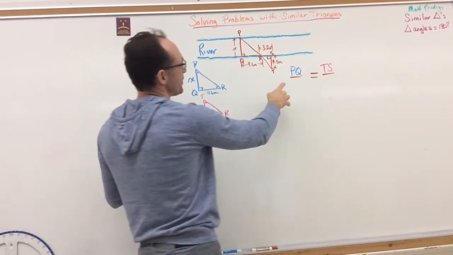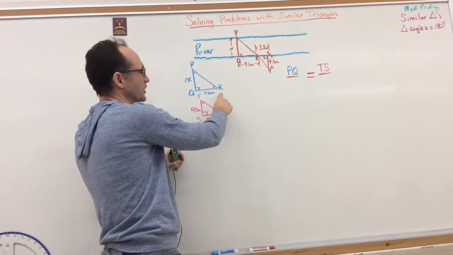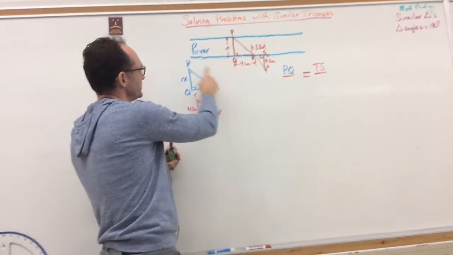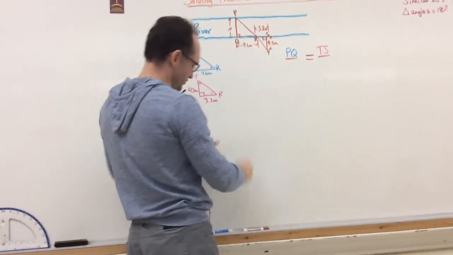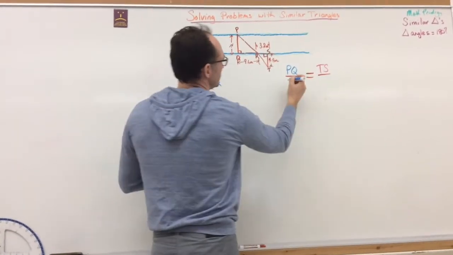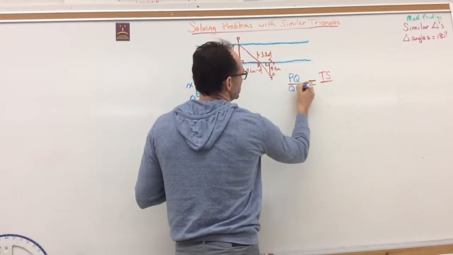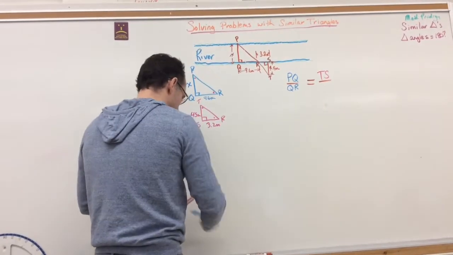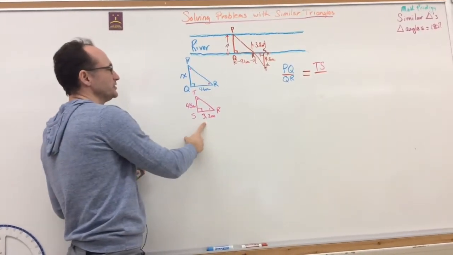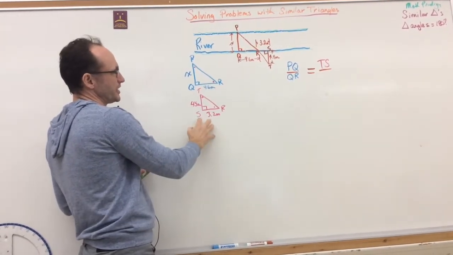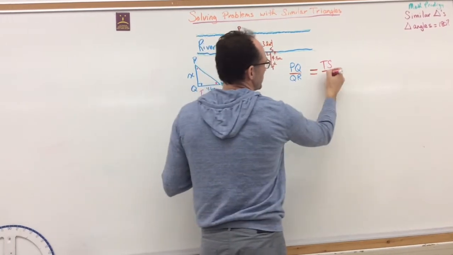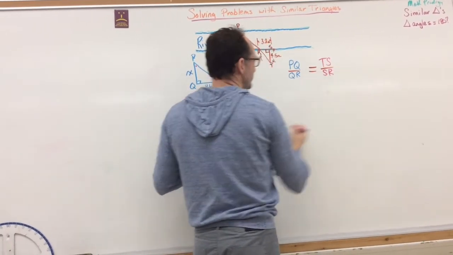The next step is to go back to your blue triangle and look for a constant. The constant that's given in this triangle is QR, 9.6 meters. So you want to put QR right here. Then you need to refer to the pink triangle and find which side corresponds with QR, which is SR. And you want to put SR over here.